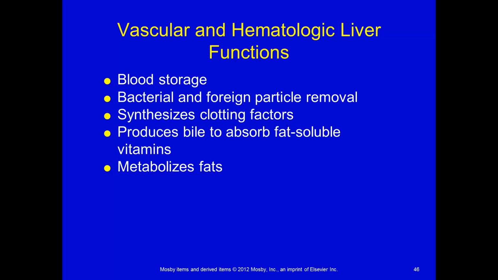Not only does it store a large reservoir of blood, we talked about its bacterial and foreign particle removal. We know from when we talked about the circulatory system that it synthesizes some clotting factors to help with the stoppage of bleeding. It produces bile, it metabolizes fats.